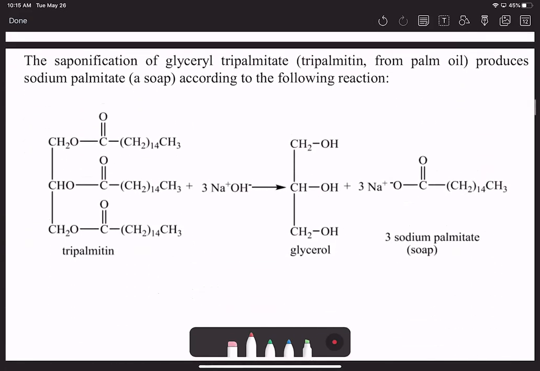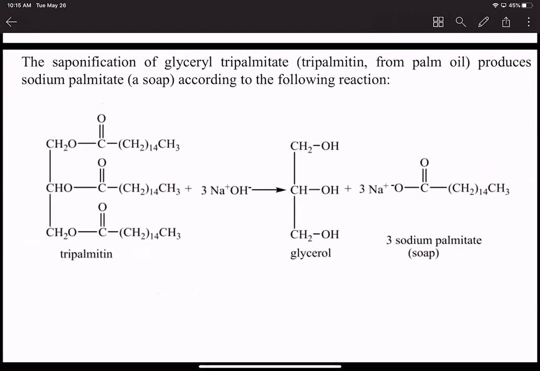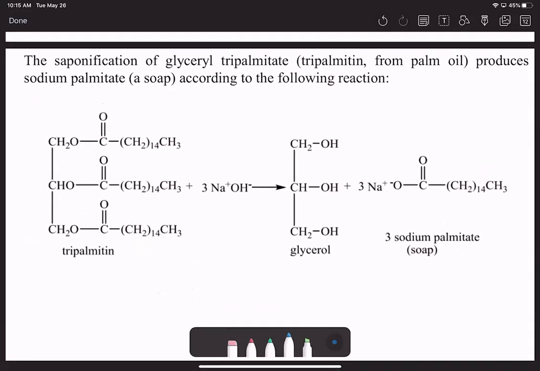All right. So here, we need to recognize our triglyceride here. And our triglyceride has these ester bonds here, right? So what we're going to do is we're going to break each one of those ester bonds.